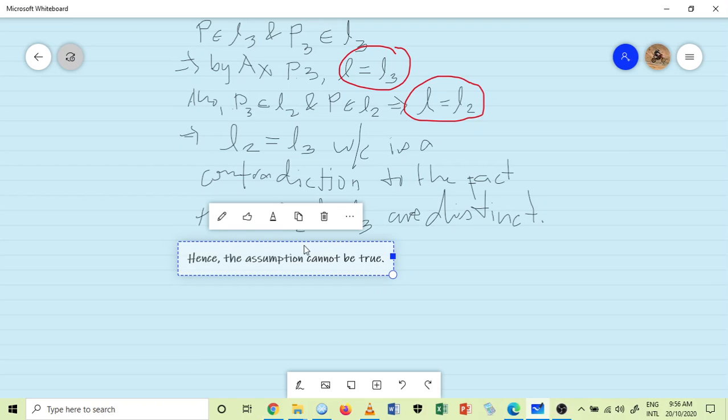Meaning, we can always find 4 lines such that 3 of these are not concurrent.